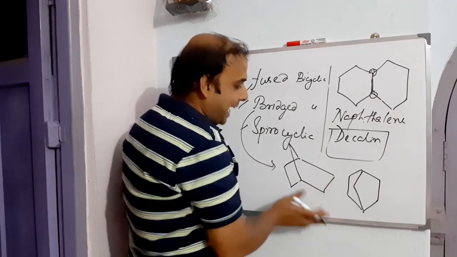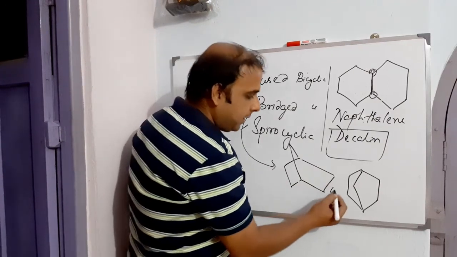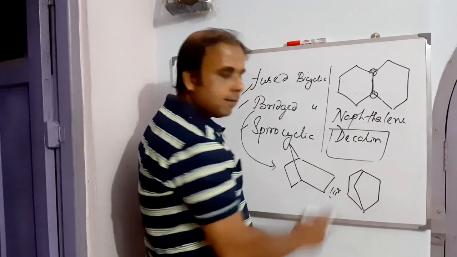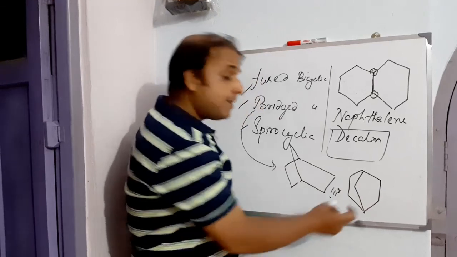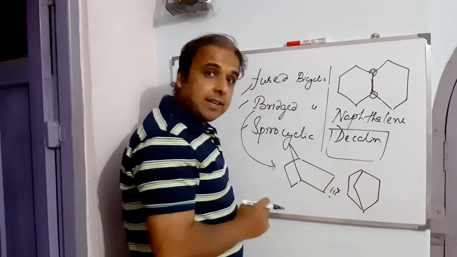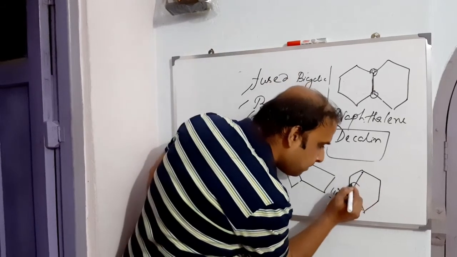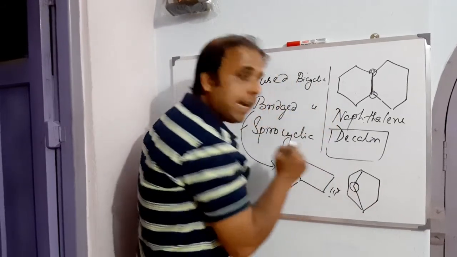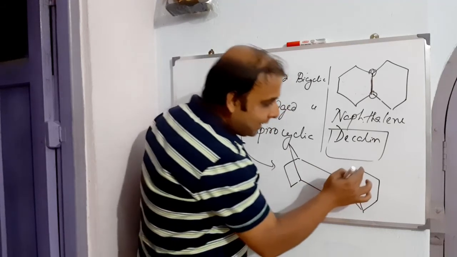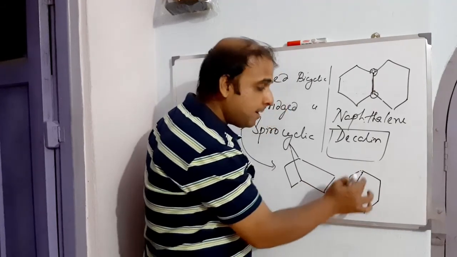In that case, both are similar. Here, two cycles are separated by a bridge, and the bridge is made up of another atom apart from the bridgehead atoms. That is why this portion and this portion are separated by a bridge.